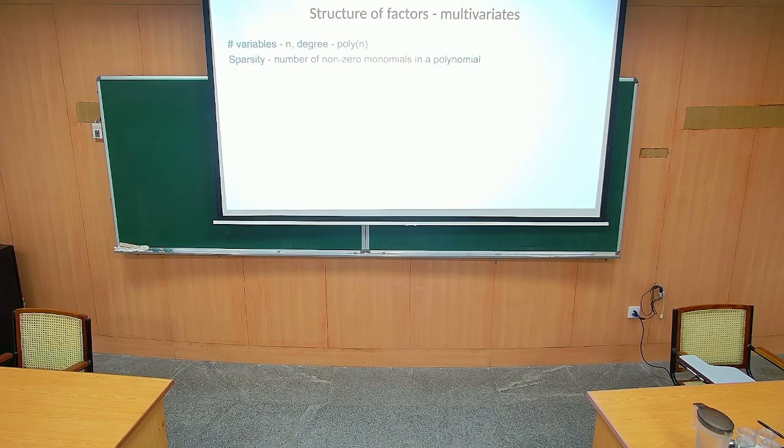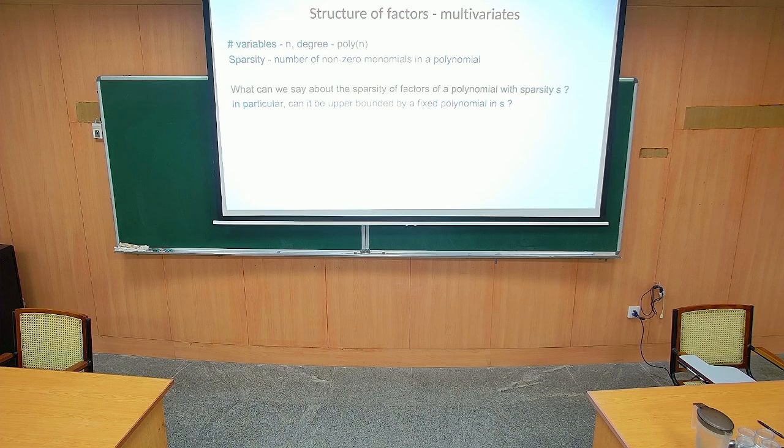Recall that sparsity again is the number of non-zero monomials. And maybe the first question of interest, which is basically the question we asked for univariates, is: what can we say about the sparsity of factors of a polynomial with sparsity s? If f has s terms, what can we say about the number of terms in the factors?